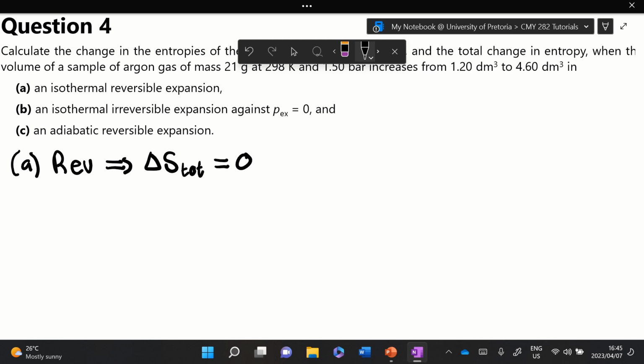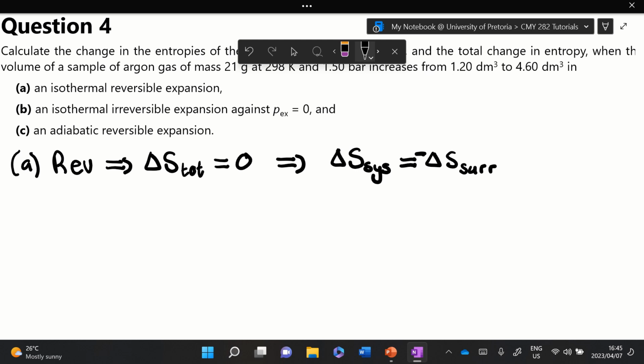We need to be able to reverse whatever has happened. That also implies that the change in the system's entropy and the entropy of our surroundings need to be the negative of each other, from the law that the total is the sum of them.